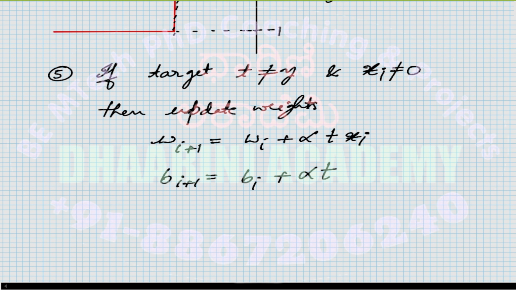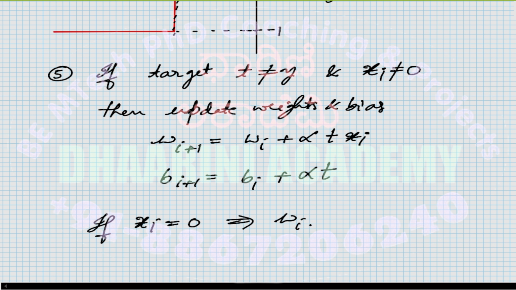Now you see, if xi is not equal to 0, then you update the weights and bias like this. And if I have a condition saying that xi equal to 0, then no change in the weight.